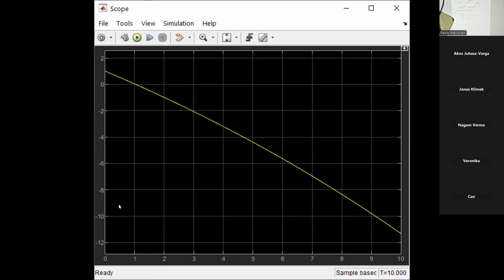Let me do the discretization of this equation here, because nevertheless it can be used, because I have to consider just what happens in the first year, the second year.